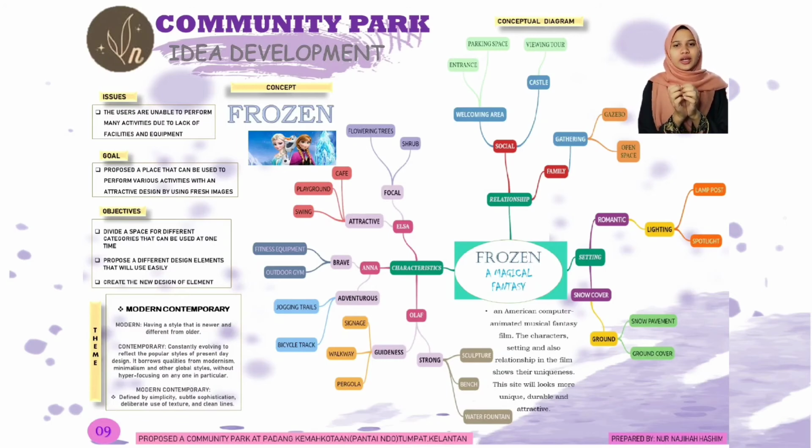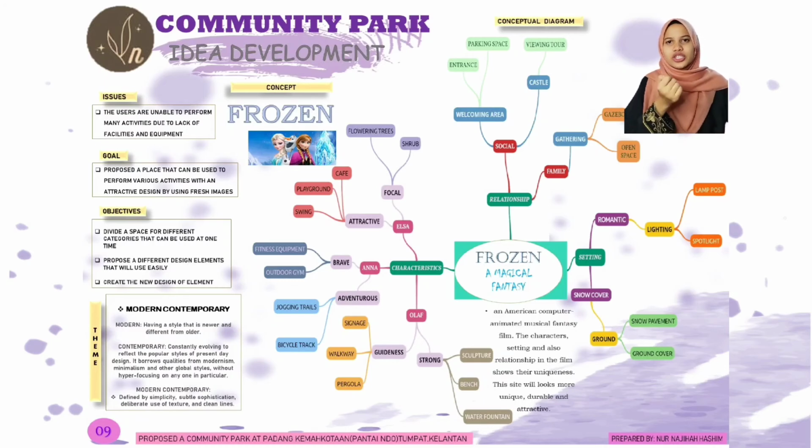The first element I want to propose at my site is a gazebo, and then the second is open space for doing activity or managing events, because the site is quite big and attracts tourists to come to the park.